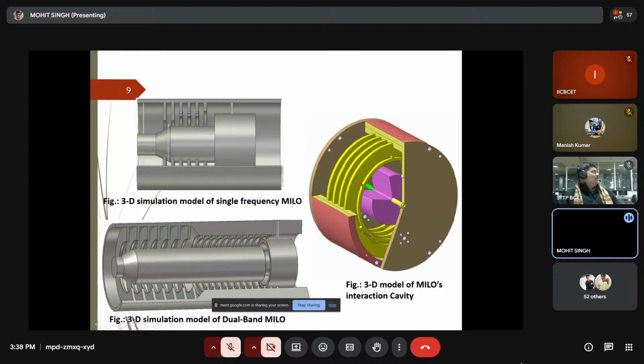I kept this structure for better visualization of how it is internally, because just seeing the schematic you can't visualize the internal structure of the MILO. That's why I kept the 3D structure. These two are the simulation models, and the next one is the design made with CATIA.